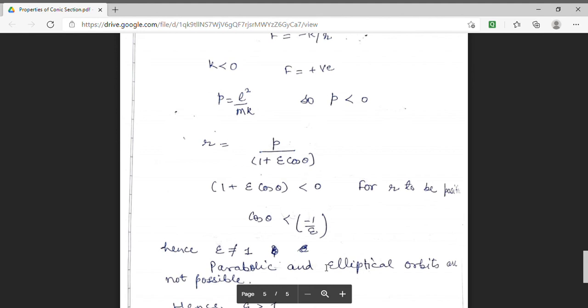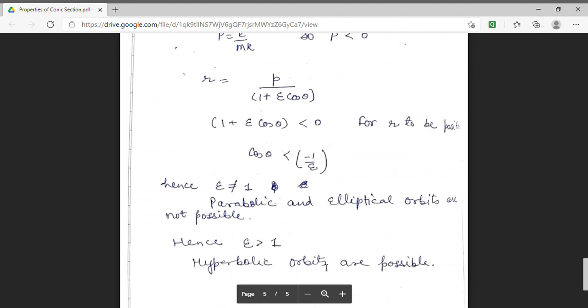So from here, in the repulsive case, parabolic and elliptical orbits are not possible. So we can have a situation in which epsilon will be greater than 1. That means only hyperbolic orbits are possible.